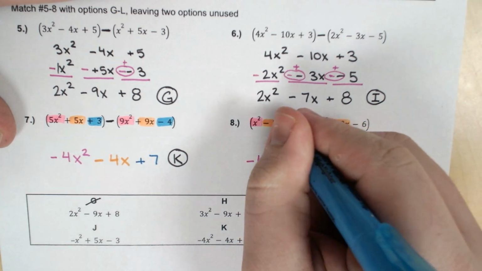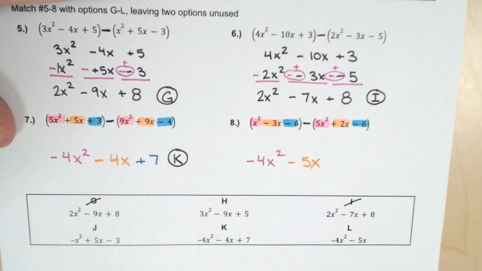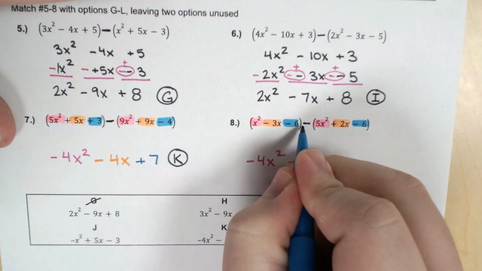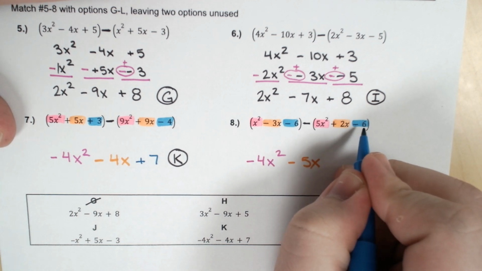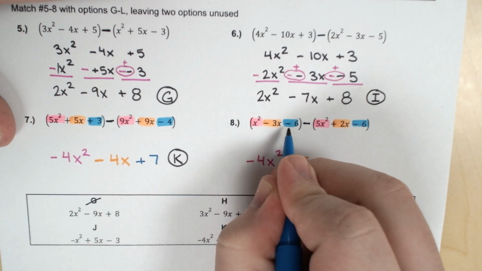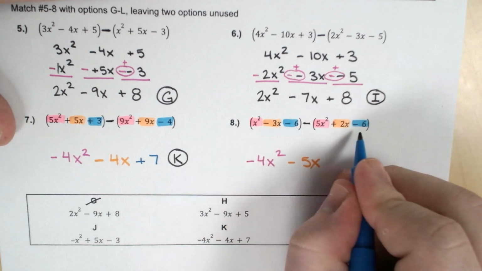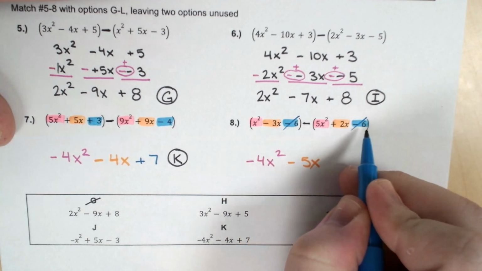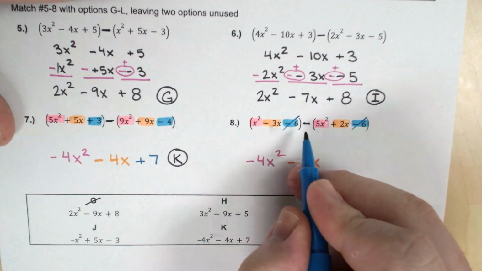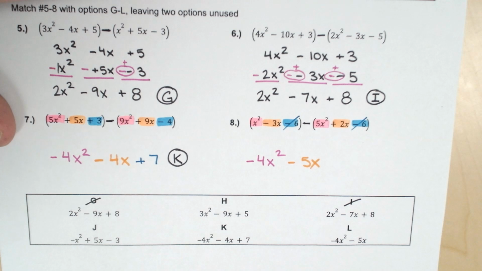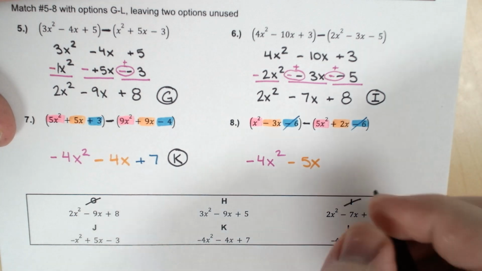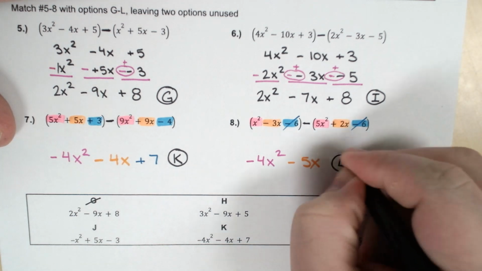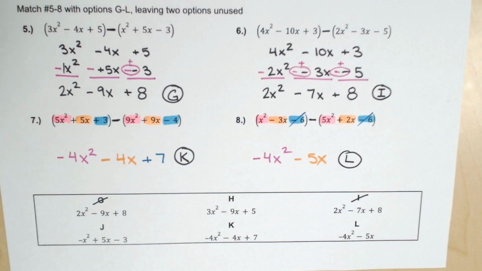We've got negative 6 and negative 6. Negative 6 minus negative 6. We've got negatives all over the place. Whenever you take something and subtract itself, those do cancel out. Negative 6 minus negative 6 is the same thing as negative 6 plus 6, adds to 0. So your answer is L. I'll give you a second to get caught up.